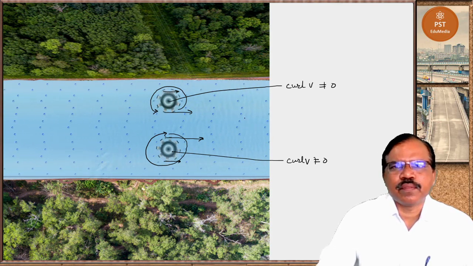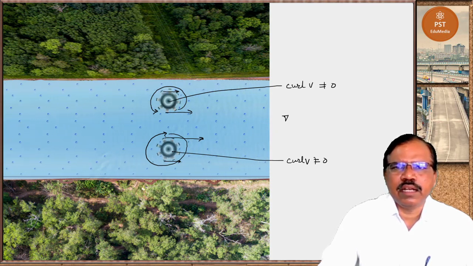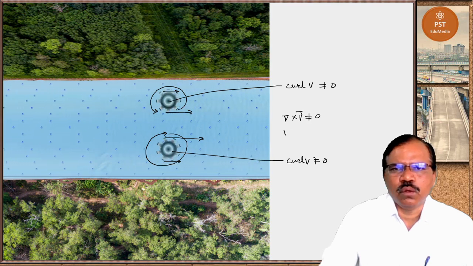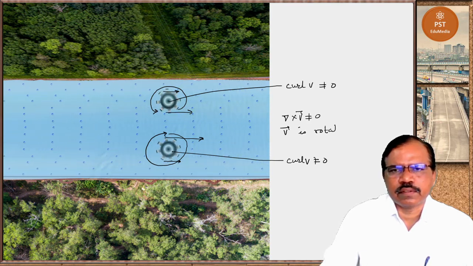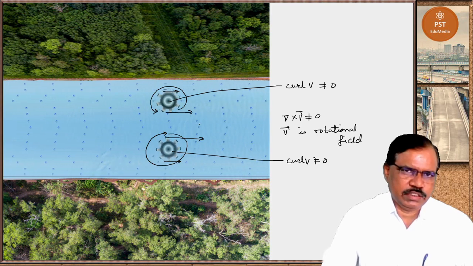So when curl V, meaning del cross V, is not equal to 0, V is a rotational field, meaning it has rotational features.